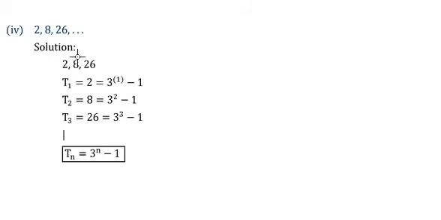So what we can use here? Suppose that the first term T1 is equal to 2. We suppose that it is 3 power 1 minus 1, which is the same 2, and we suppose that T2, the second term, is equal to 8, which is 3 square minus 1, and 3 square minus 1 is equal to the same 8.